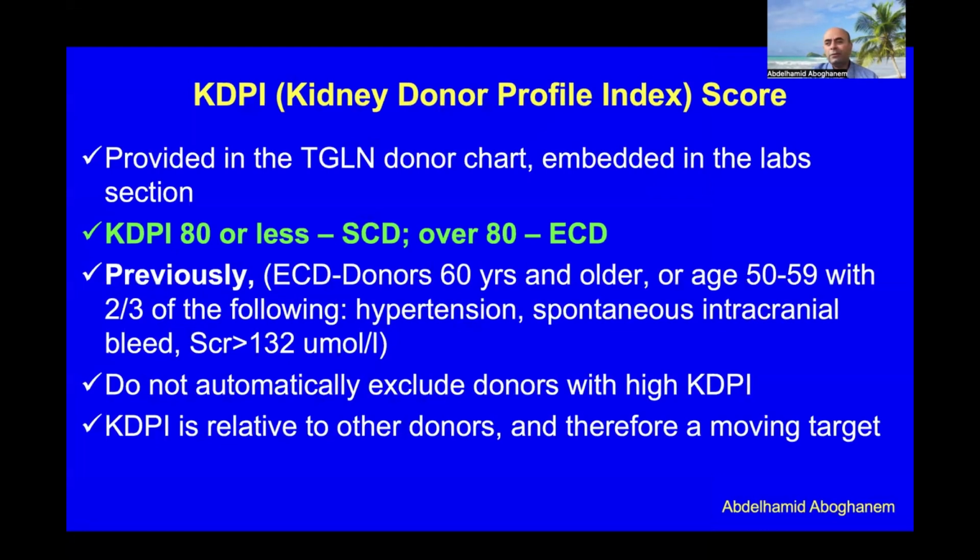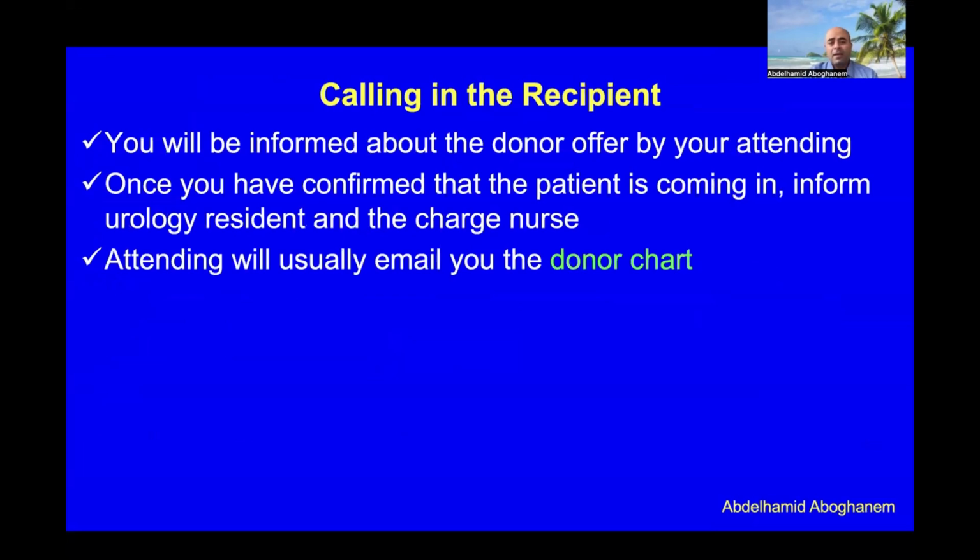Some centers just calculate this KDPI, but if you find the kidney is good with normal kidney function, no multiple comorbidities, and we are proceeding, most of the time the kidney works well without any concerns.